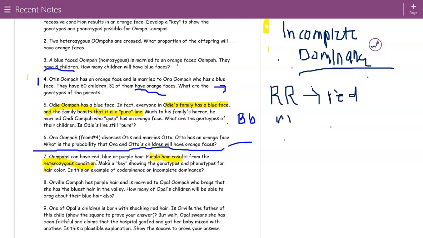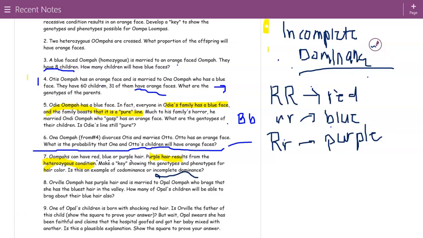This is blue hair. And if you get a heterozygote, you get purple hair. We'll talk about why that is not codominance. Codominance is like blood typing. So this is incomplete dominance.